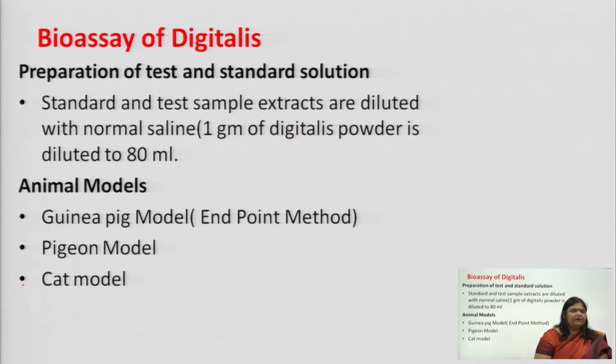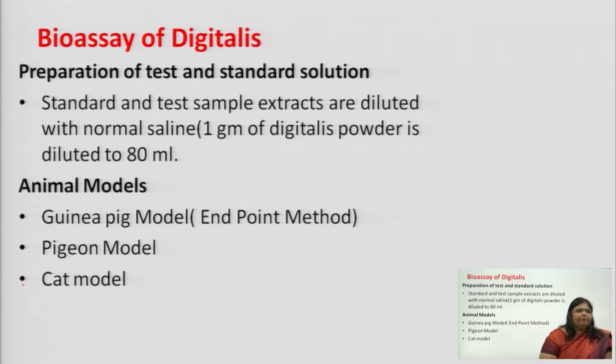Similarly, the test samples and the standard solutions are also prepared. The standard and the test sample extracts are diluted with normal saline. 1 gram of digitalis powder is diluted to 80 ml. The same will be the preparation of the test sample, and the same procedure will be followed for the preparation of your standard solution.